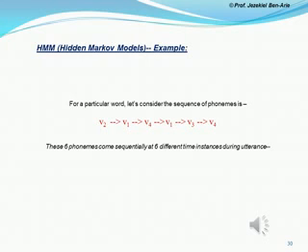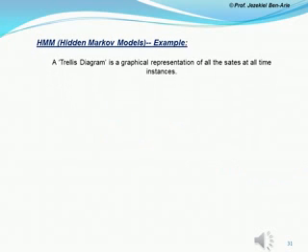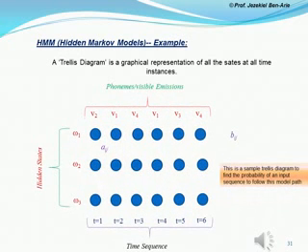So we have t equals 1, 2, 3, up to 6. A trellis diagram is a graphical representation of all the states at all time instances. Practically, the trellis could describe by a particular path the states of the model at each instant. Actually, many paths are possible.